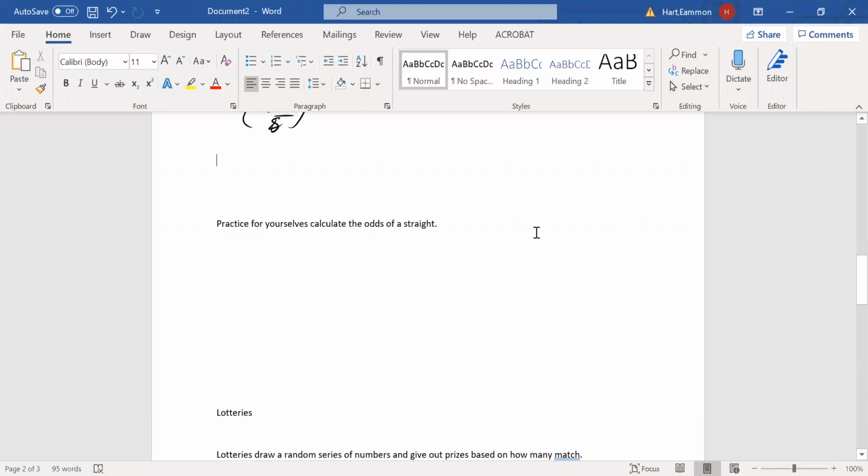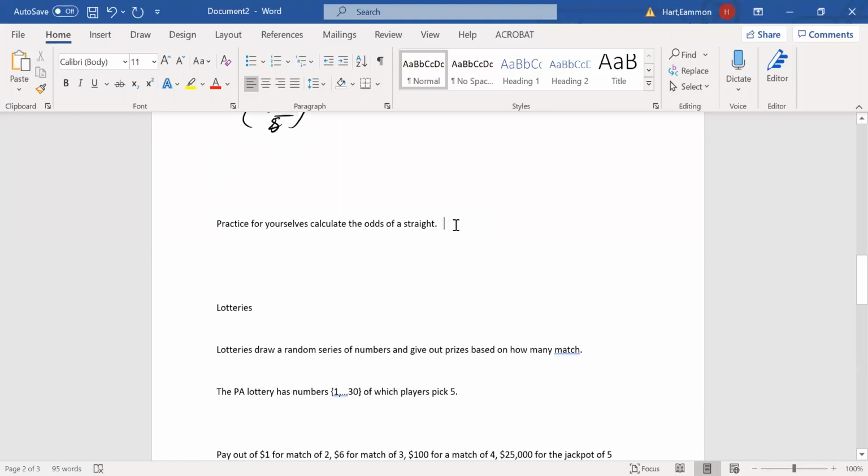So this is a little assignment for you guys to handle yourselves. I'm going to put it on the practice exam. Calculate the odds of getting a straight. A straight is 5 consecutive values. Ace can be high or low, but not both.